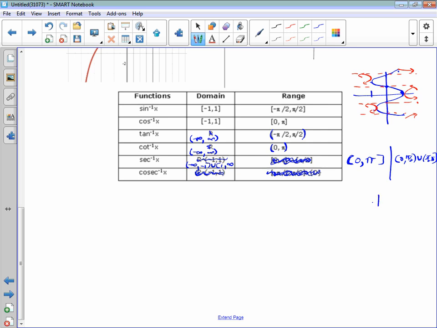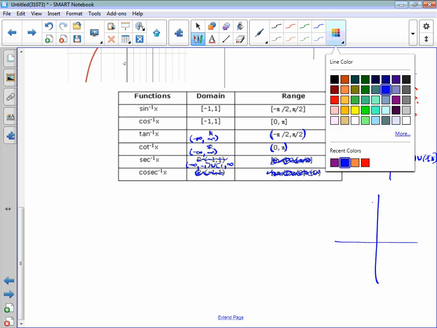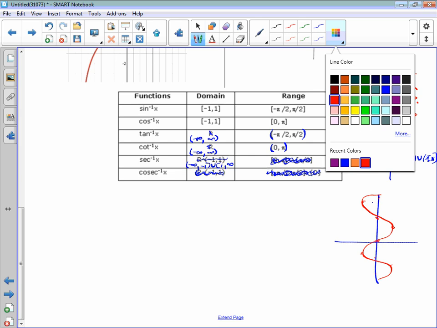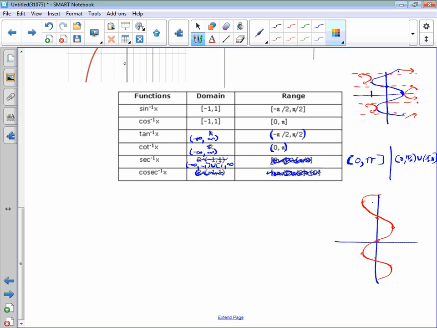So, cosecant, if we thought about our graph of sine, this is what inverse sine looks like, right? So, inverse cosecant, again, you don't have to graph these right now.